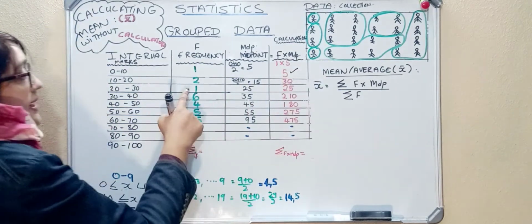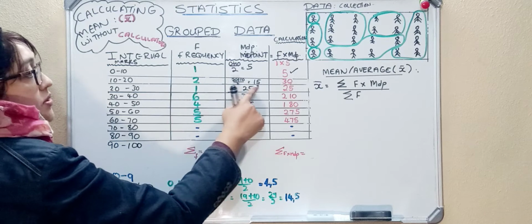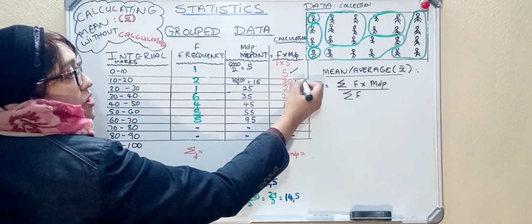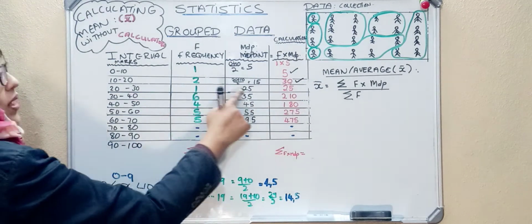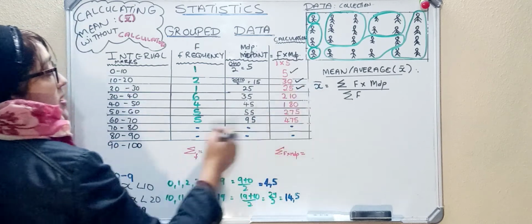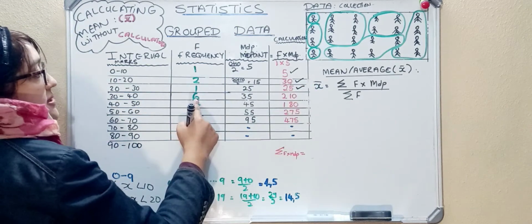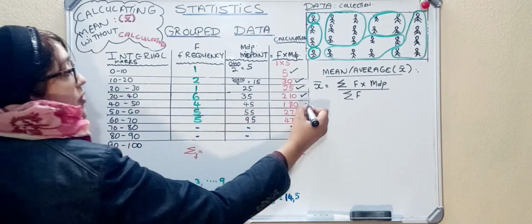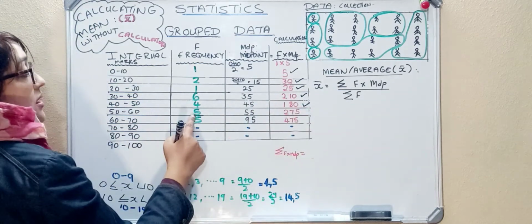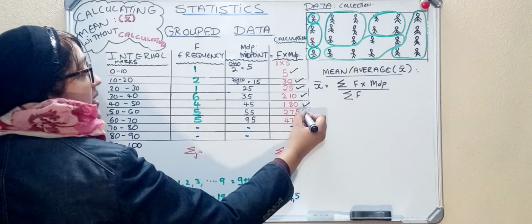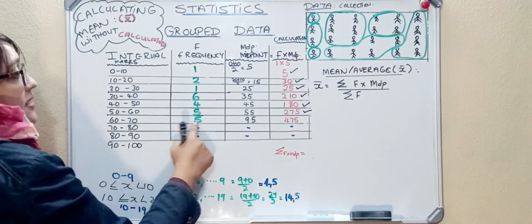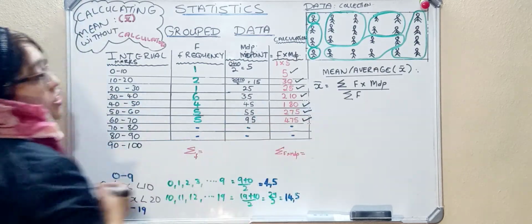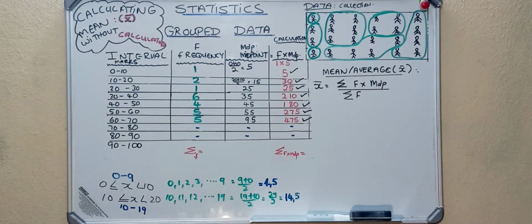Okay, then the next one, we will take 2 times 15, which gives you 30, and 1 times 25 gives you 25, and you're going to continue: 6 times 35, 210, 4 times 45, 180, 5 times 55, 275, and 5 times 95, which gives us 475.